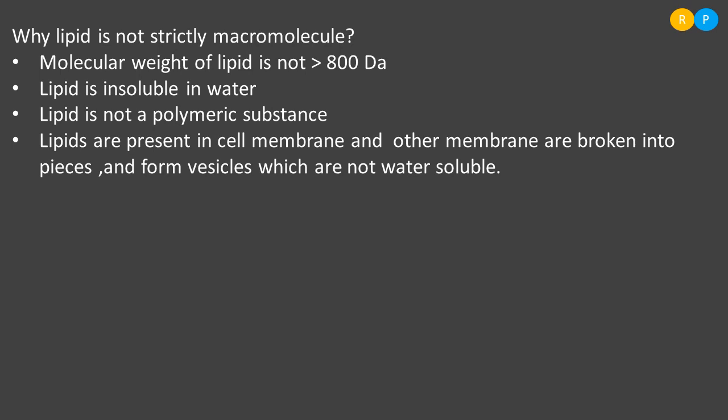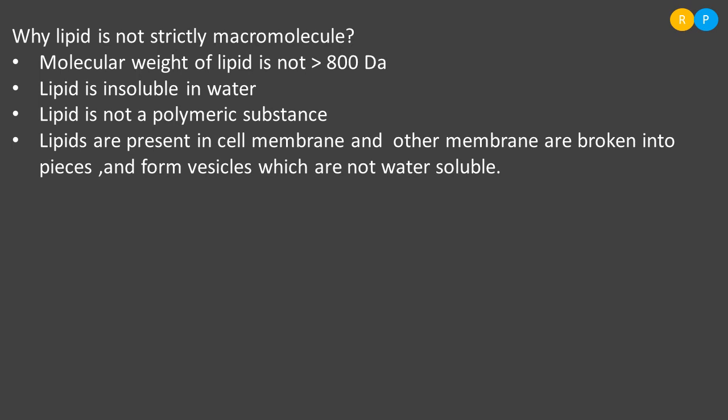biomicromolecules in the acid soluble pool. And lipid is not a polymeric substance like other macromolecules, right? And lipids present in the cell membrane and other membranes get broken into pieces and form vesicles which are not soluble in water. Because it is not soluble in water, it is unable to separate with the acid soluble pool.